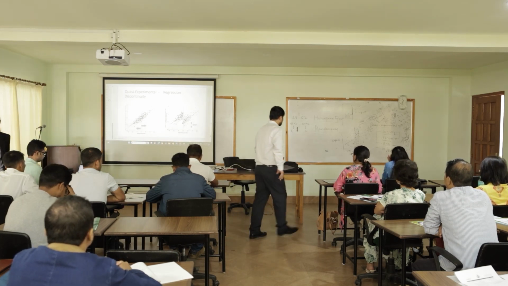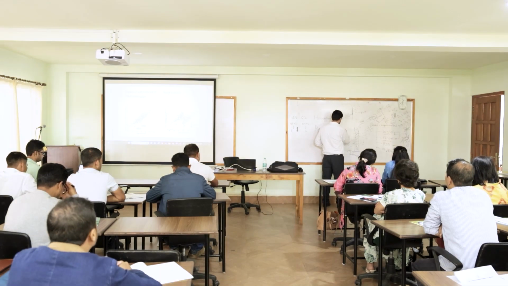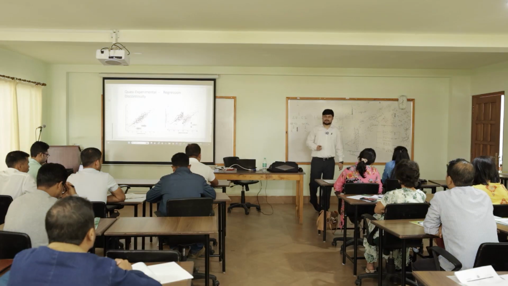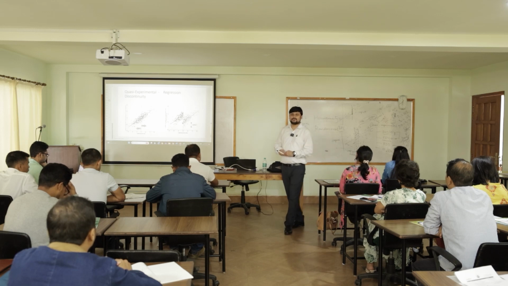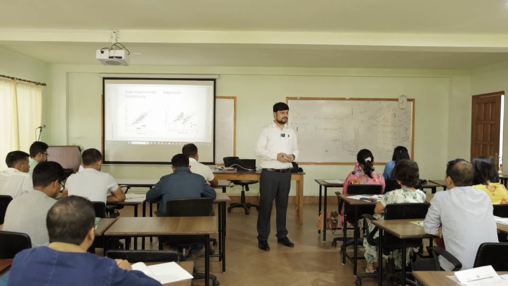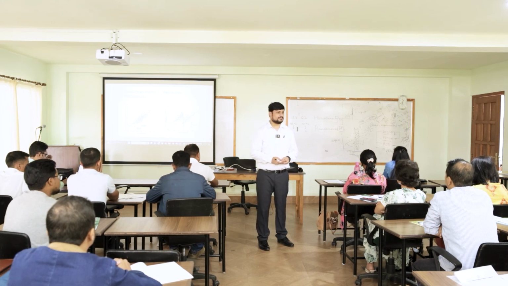So, in that case, your BPL card will not be a true indicator that you can use here. You'll always have to come up with a certain kind of indicator. Either you create that indicator based on some secondary information that is available. Maybe NFHS has collected some data, right? Maybe NSSO, National Sample Survey Organization, has collected some data.